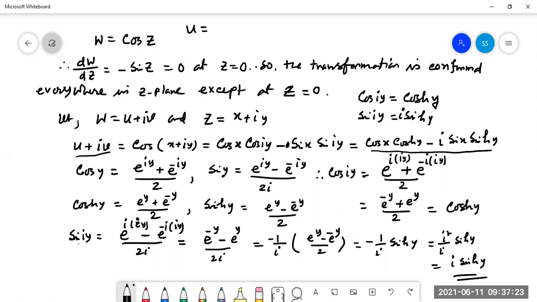U equal to cos x cos hyperbolic y and v equal to minus sin x sin hyperbolic y. Can you write this? Yes, sir. So we are going to the next page.